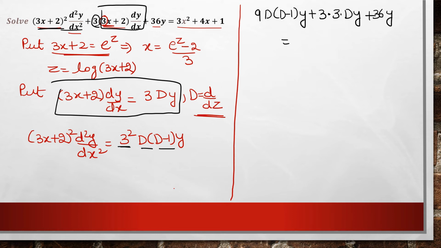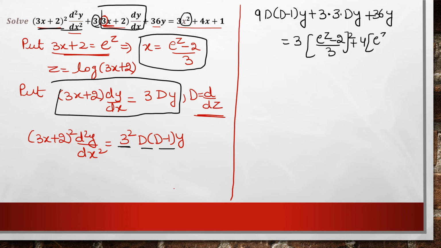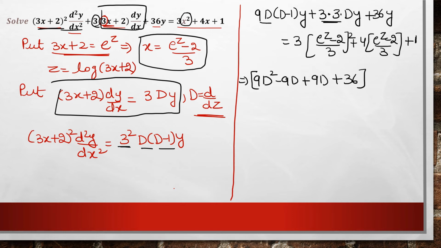Now come to the right hand side. 3x square. What is the value of x? X is this, put this value. So what we are going to get: 3 times (e power z minus 2 over 3) whole square, plus 4 times (e power z minus 2) by 3, plus 1. Now just simplify this. On the left we get 9D square minus 9D plus 9D, plus 36y.